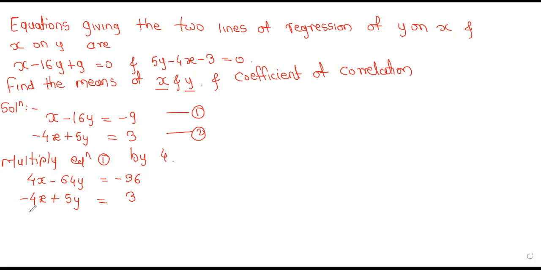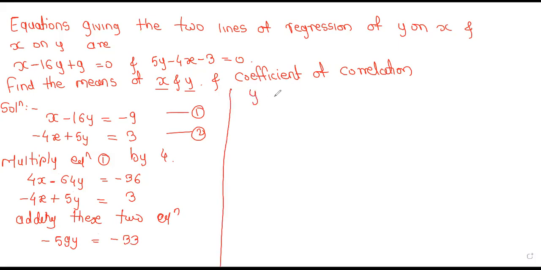Now adding these two equations, the plus 4x and minus 4x get cancelled, minus 64y plus 5y is minus 59y, which is equal to minus 33. Now we calculate the value of y. So y is equal to minus 33 divided by minus 59. Calculating it on the calculator, y bar is equal to 0.55.